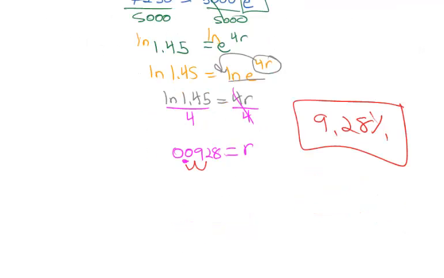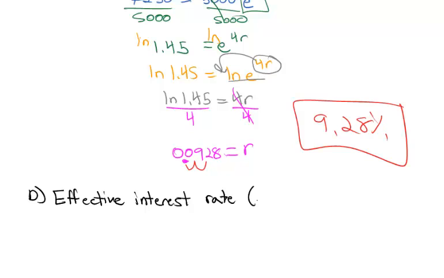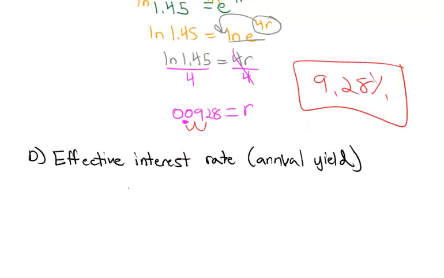Now, a question we're often interested in with finances is not just the compound interest rate, but instead, what is the effective interest rate, also known as the annual yield. Basically, if the interest was paid just once per year, what would the interest rate be?